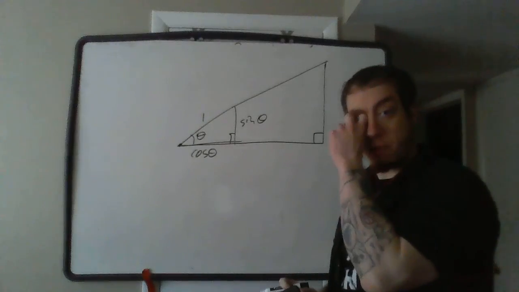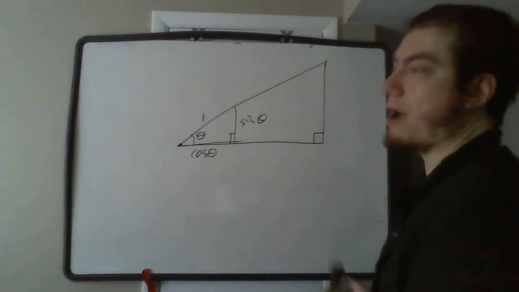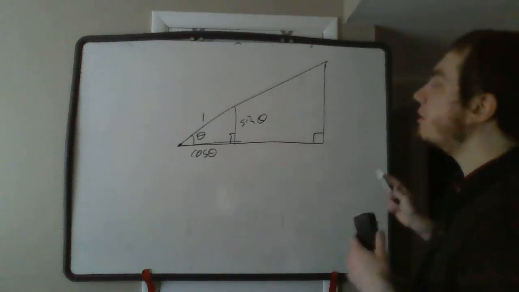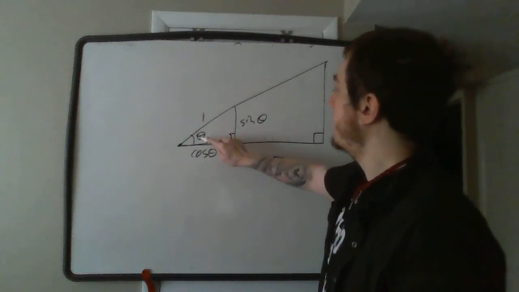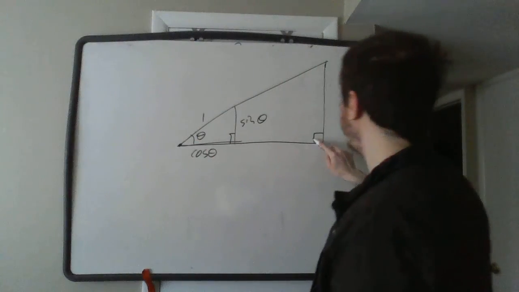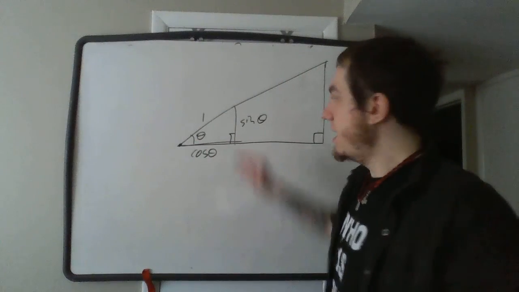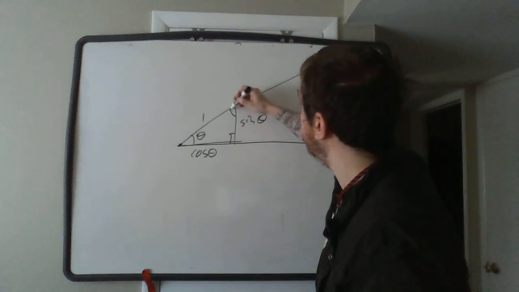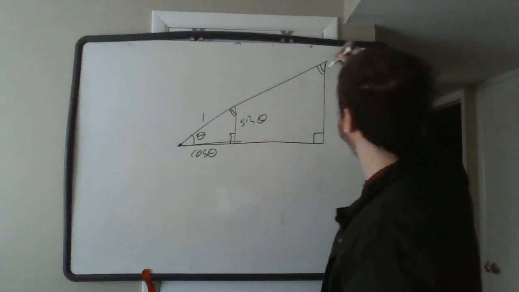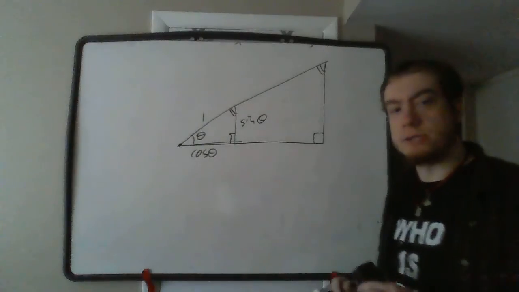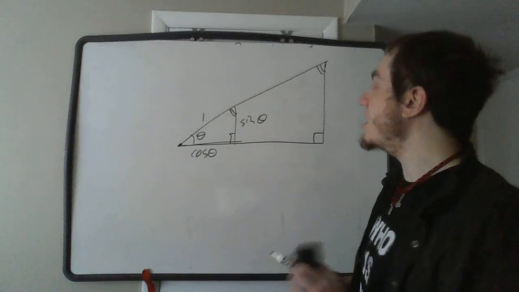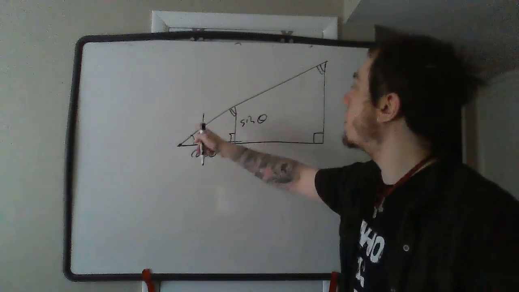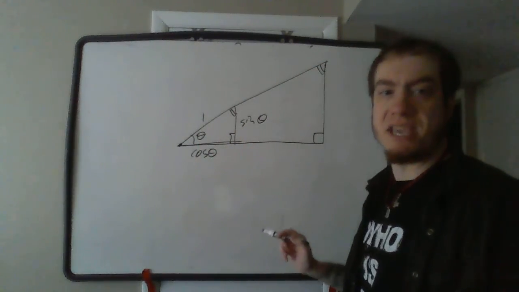Now, you might remember from geometry, I don't know how many of you took geometry, but I think that most of you have. You might remember from geometry that if two triangles have two angles which are the same, then their third angle also has to be the same. So this angle up here has to be the same as this angle up here. And that means that these are similar triangles. Now, the thing about similar triangles is that the ratios of all of their lengths has to be the same.